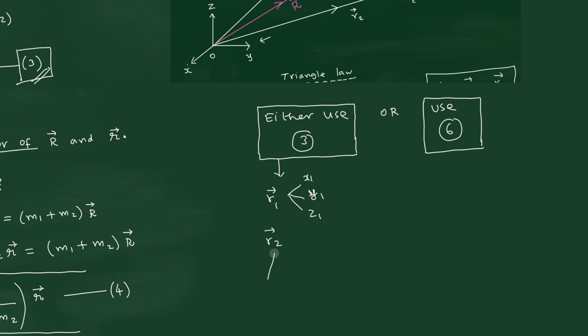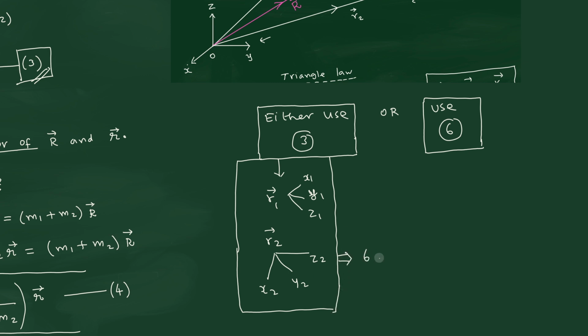Similarly, R2 also requires 3 of them: x2, y2, and z2. So the clarity you get from this analysis is that if you choose this particular equation, we will end up with 6 degrees of freedom. This is the conclusion.